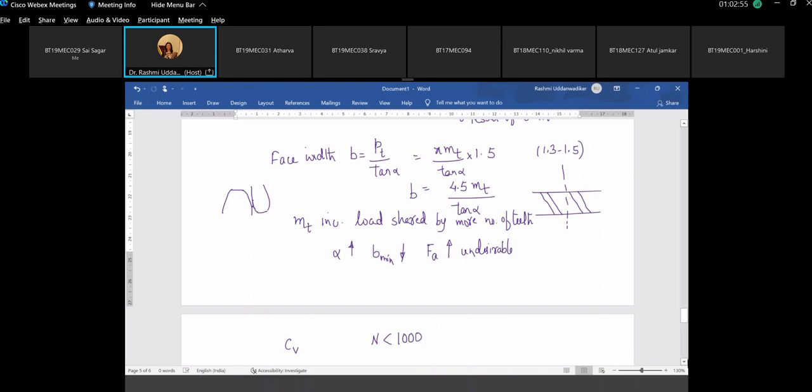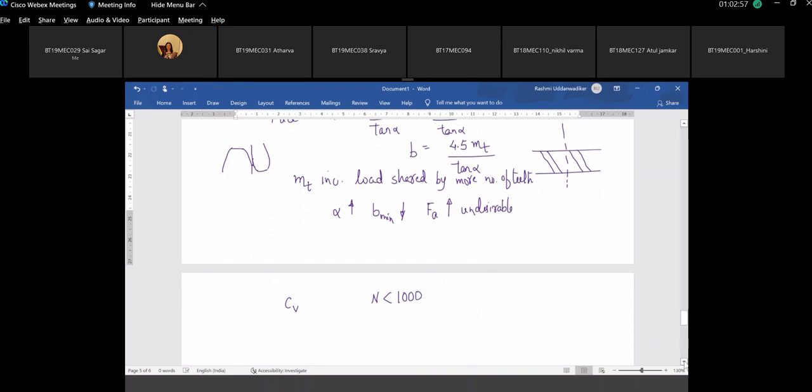Incremental load because of vibrations is to be taken care of by CV. CV should be less or more in case of helical gear as compared to spur gear? Quickly. Less.